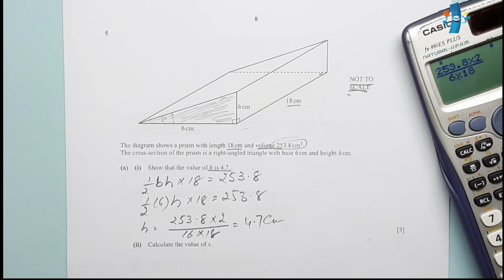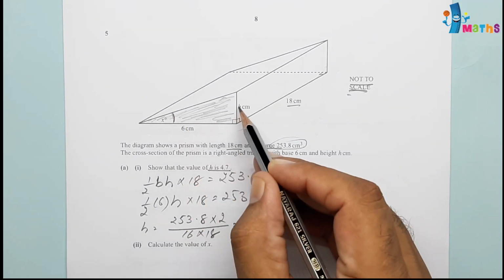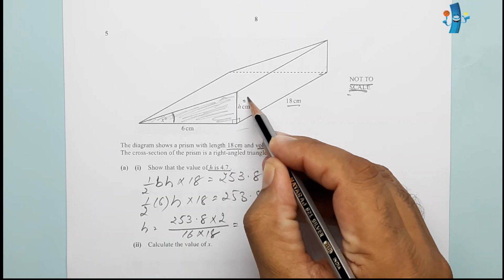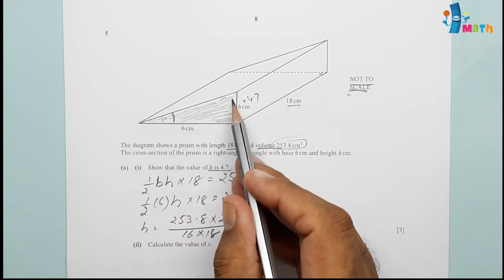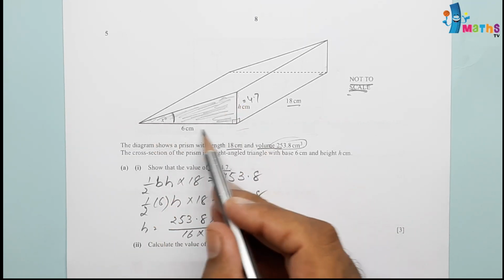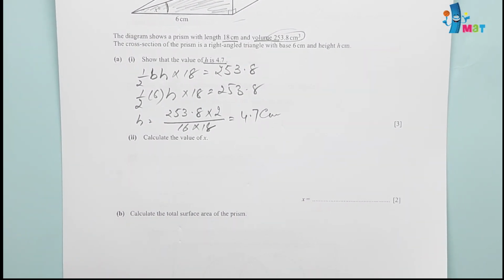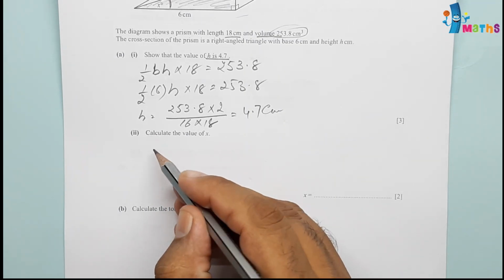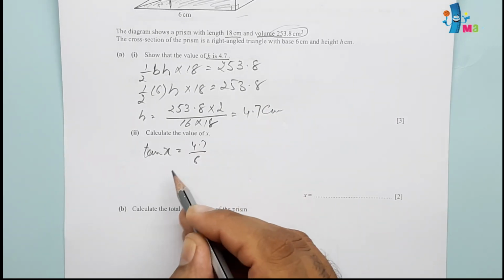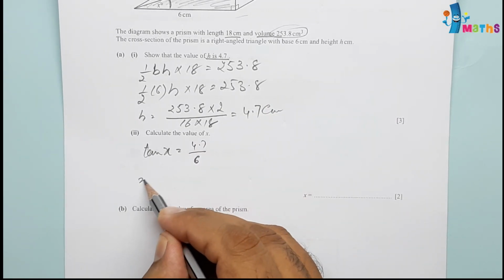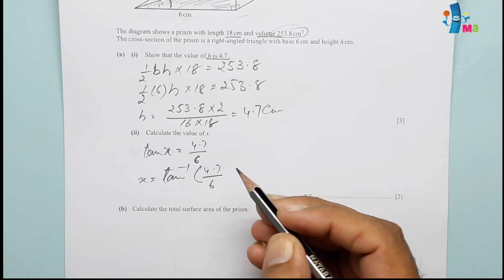So calculate the value of x. So the value of x is this angle. So we now have this side which is h, which is 4.7, and we have this side as well. So we can take tan of this triangle. Tan will be opposite over adjacent. So tan x will be equal to 4.7 by 6, and so x will be equal to tan inverse 4.7 over 6.